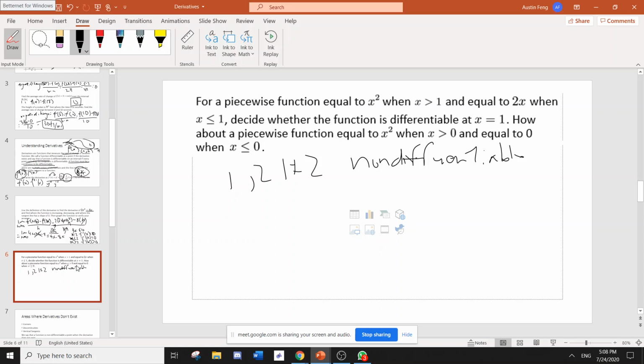And how about a piecewise function equal to x squared when x is greater than 0 and equal to 0 when x is less than 0? For piecewise functions, let's say we have two functions here, and then this is a separate function.